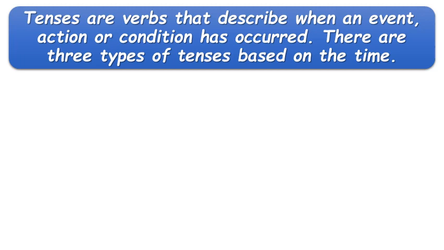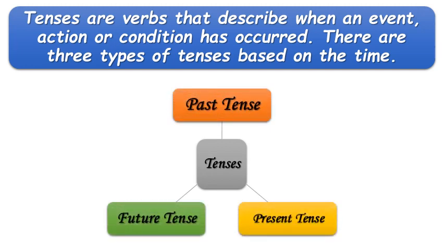There are 3 types of tenses based on the time: past tense, future tense and present tense, or we can say present tense, past tense and future tense.